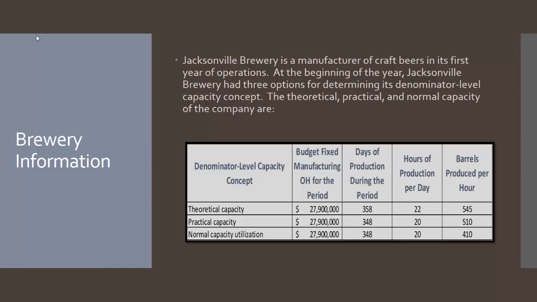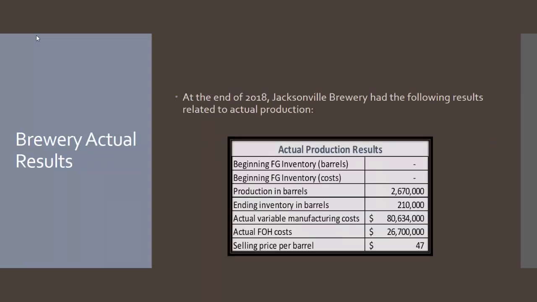This is what Jacksonville Brewery is going to operate, and this is the other information that they're going to use to allocate out these fixed costs to their inventory. They're a new company, so their beginning finished goods inventory in both units and cost is going to be zero. During the year of 2018, they produced 2,670,000 barrels of beer, and they ended the year with 210,000 of those barrels in inventory, which have yet to be sold.